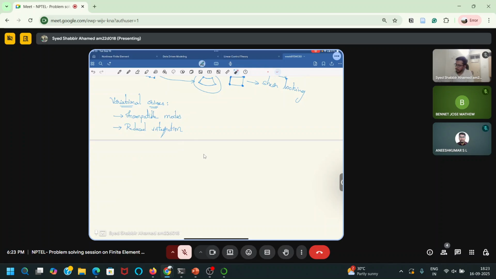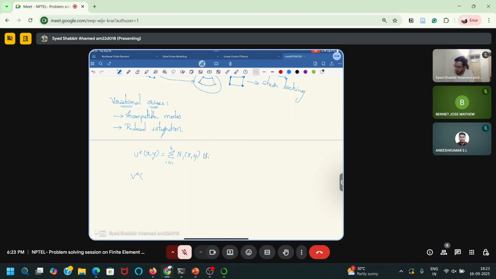So if you have incompatible modes, like if I have a four noded element, my displacement approximation will look like this: u will be equal to the sum from 1 to 4 of N_i of x comma y times u_i. So N1 u1 plus N2 u2 plus N3 u3 plus N4 u4. That is what I will get.